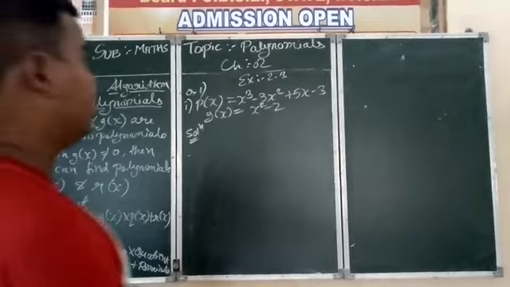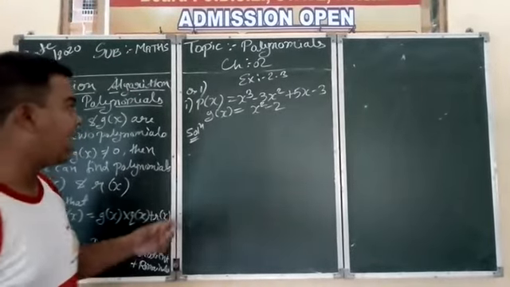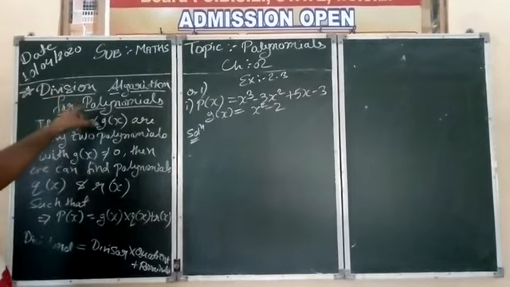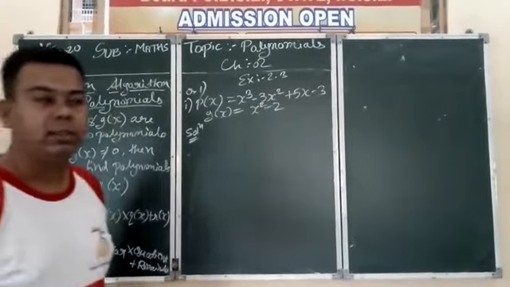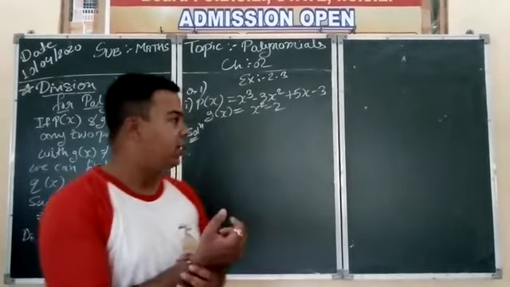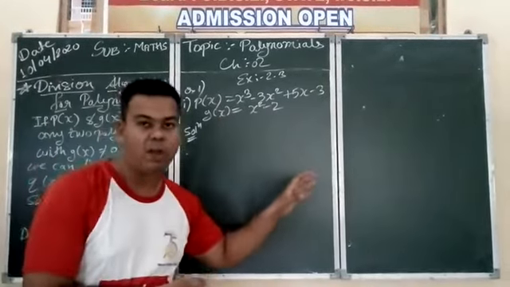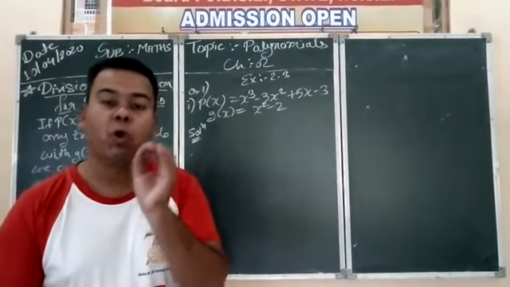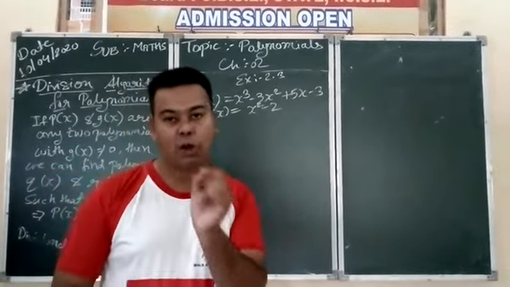So good morning everyone. Again we are back here to continue our topic, division algorithm for polynomials. In my previous video some students faced problems with the division of polynomials. It's not very hard, you only have to go step by step and you will get the answer.